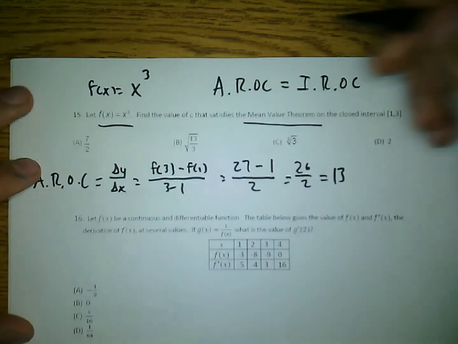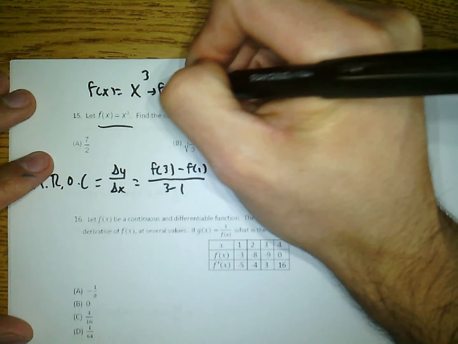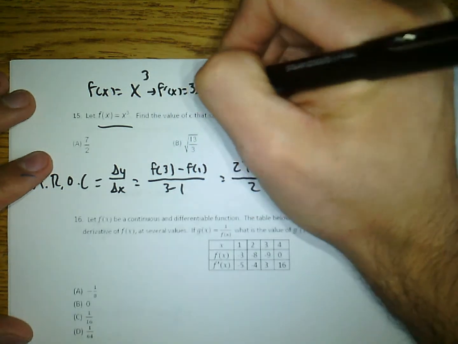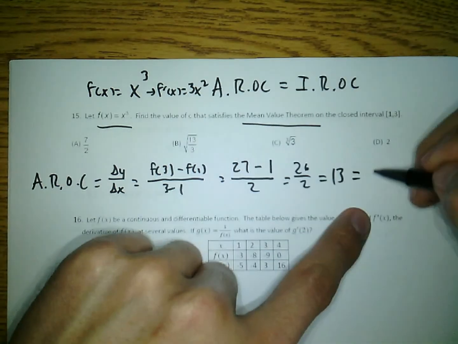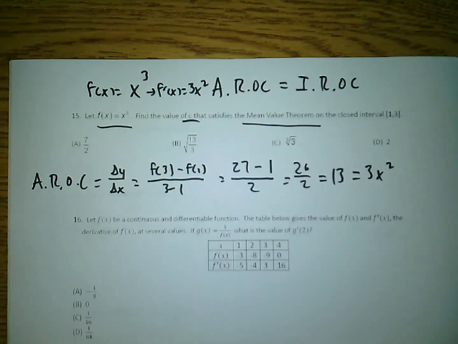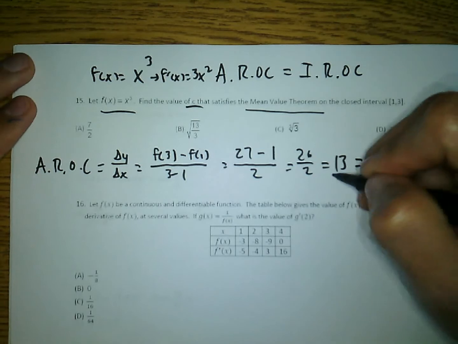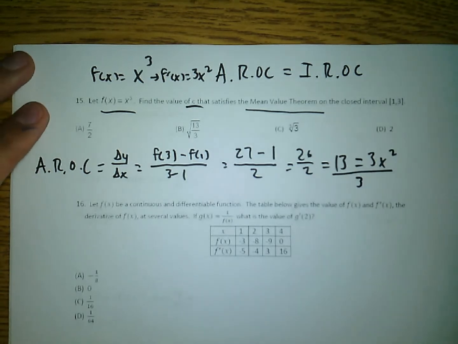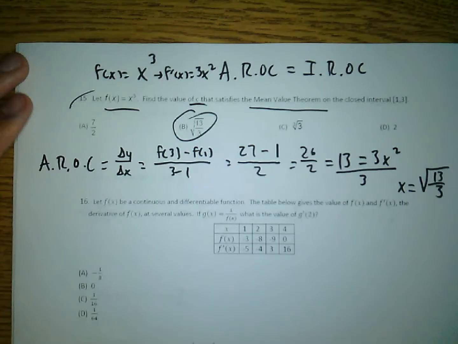So the instantaneous rate of change is just a derivative. So f prime for this case is going to be 3x squared. So we're going to set this equal to 13 and figure out what is the x value, or in other words, they're calling it the c value, for this to work. So I'm going to divide both sides by 3 and then take the square root of it. So x is going to be equal to the square root of 13 over 3, which should be option B.